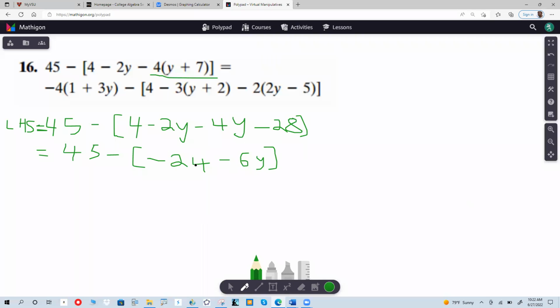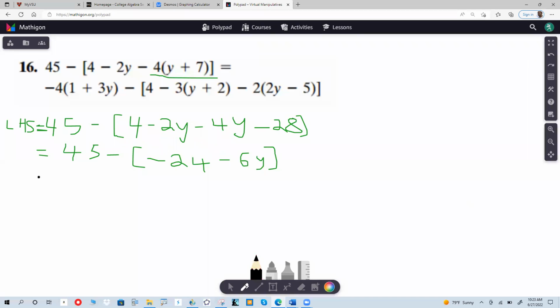Now you have to get rid of this minus sign and this parenthesis and this minus. Let me change the color. This minus will change this sign to plus, and this minus will change this sign to plus. I'm going to get rid of it. It's a little bit of a distraction.